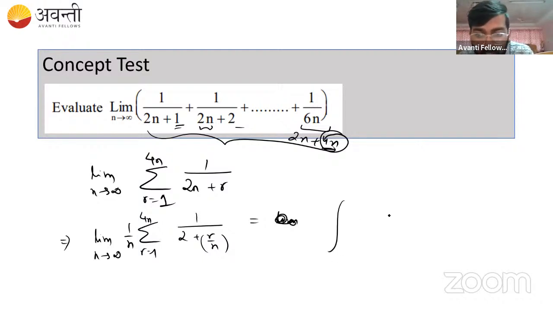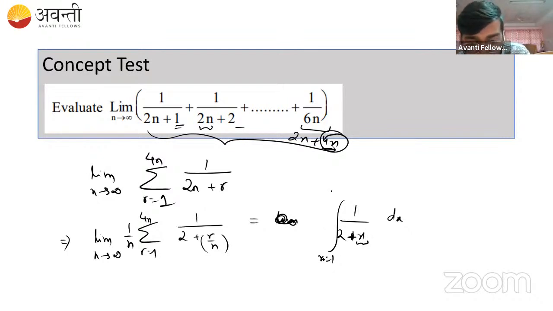I'll put 1 by n as dx. I'll put 1 upon 2 plus r by n as 1 upon 2 plus x. This r by n is supposed to be replaced by x. All right. So here r equals 1 to 4n is there.